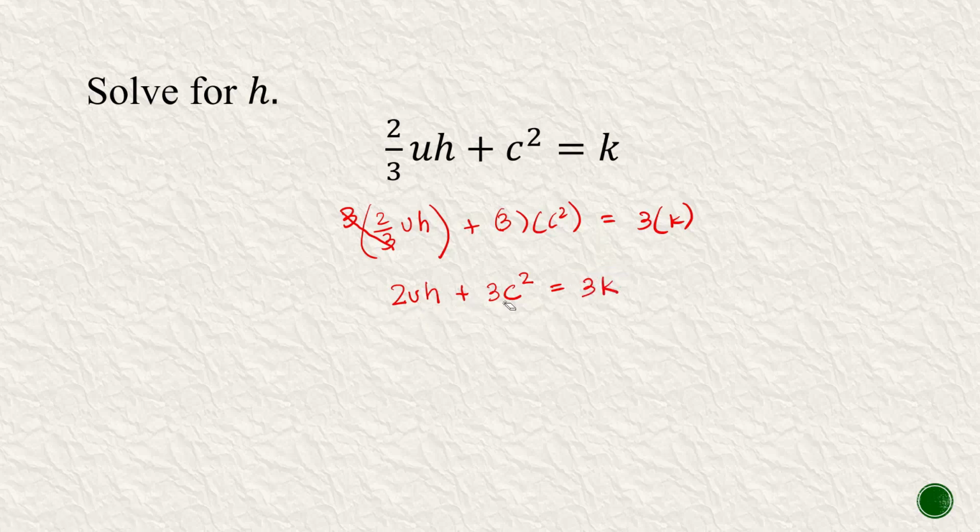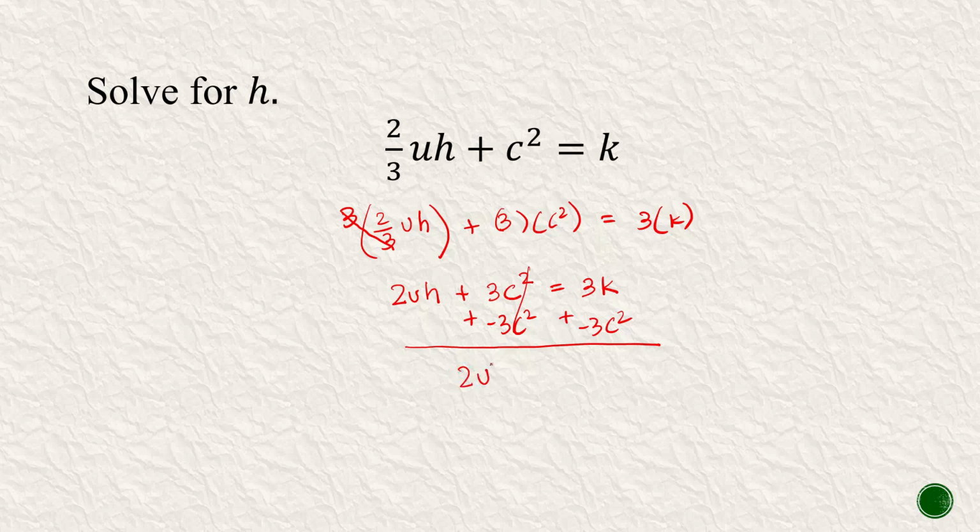So now I just need to remove 2u and 3c square, right? But I'm going to remove this first, okay? So plus negative 3c square, inverse of that, plus negative 3c square. This will automatically be canceled out.